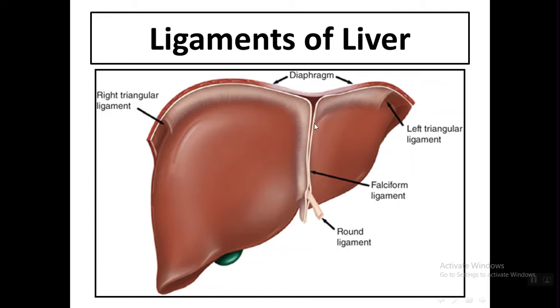The falciform ligament superiorly will split into two layers, one that passes to the left to form the left triangular ligament, and one that passes to the right to form the upper layer of the coronary ligament, and its right extremity will form the right triangular ligament.